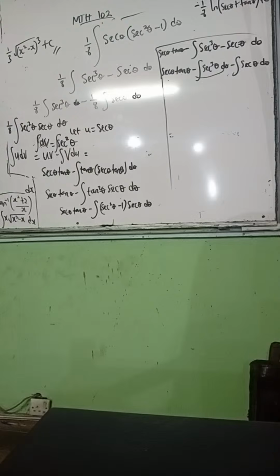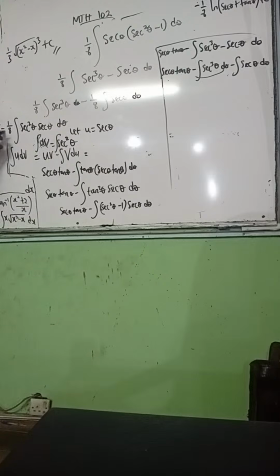So we can replace, if this is our question, let's call it I equals the integration. I think 1/8 will have to come out of it. Now 8I equals the integration of it.